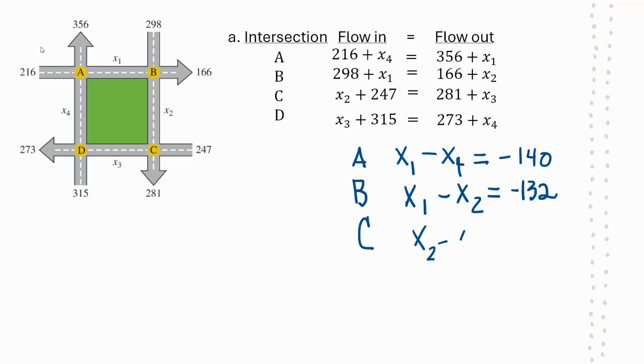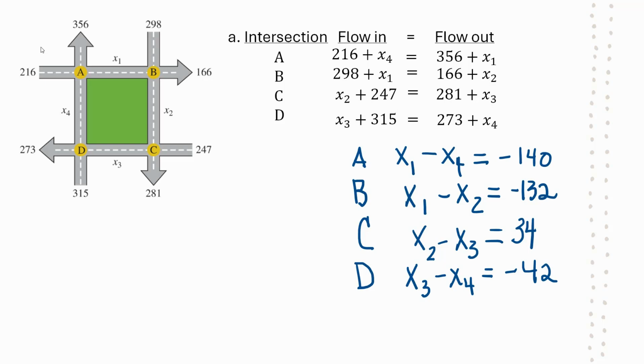And equation C, you'll have x sub 2 minus x sub 3, and then you subtract 247 on both sides, and you'll have 34 on the right. And then for equation D, you've got x sub 3 minus x sub 4, and then if you subtract 315, you'll have negative 42 on the right side. So I just rearranged the 4 equations.